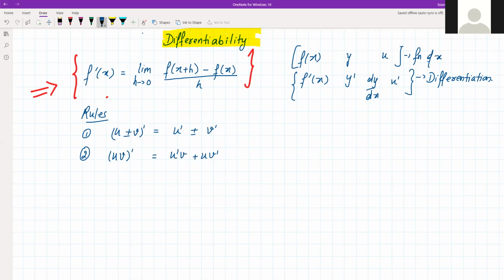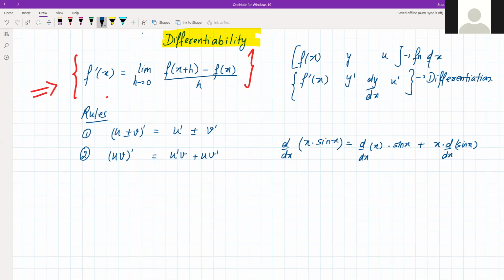So for example, if it is x sine x, and I have to differentiate this, then it will be differentiation of x into sine x plus the first function as it is, that is x, into differentiation of sine x.